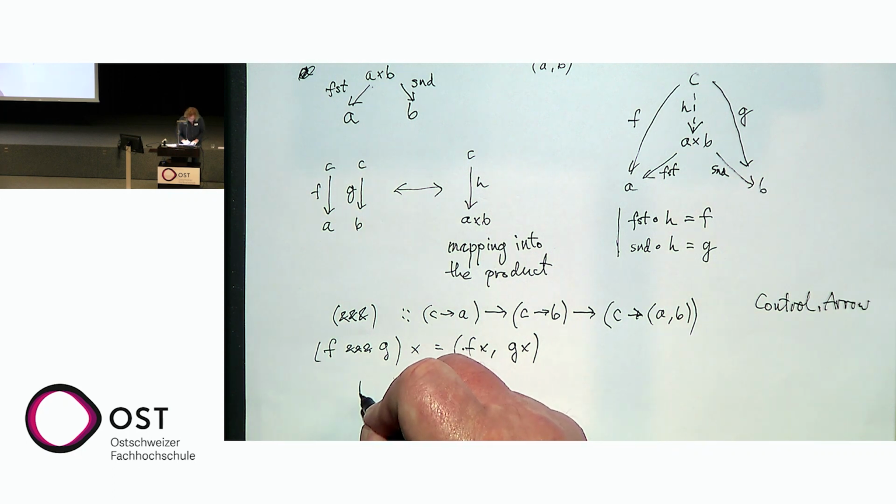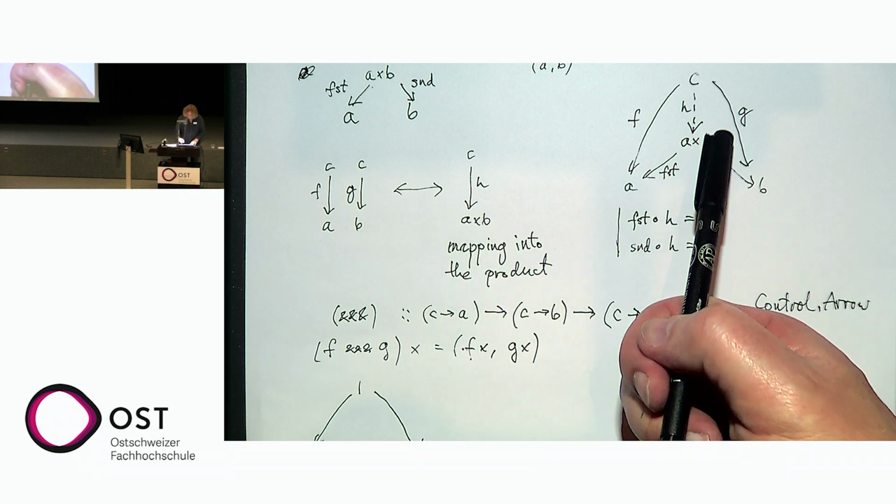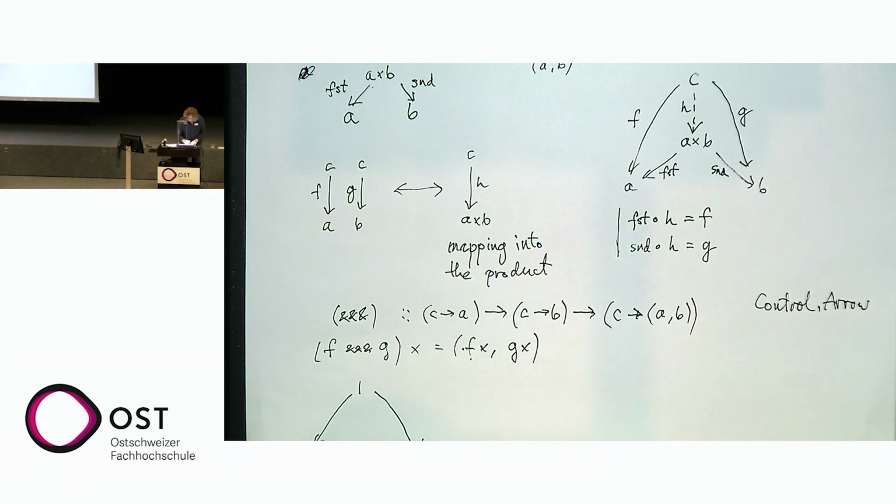It gives you arrow from 1 to A, from 1 to B. It's like I'm redrawing this definition here, right? I'm redrawing this definition, but I'm putting 1 instead of C. Okay? This is like all the work that you do in category theory. It's just replacing something with something else.